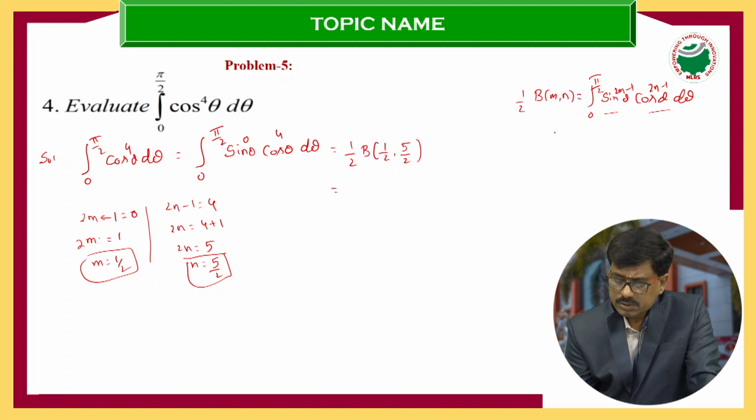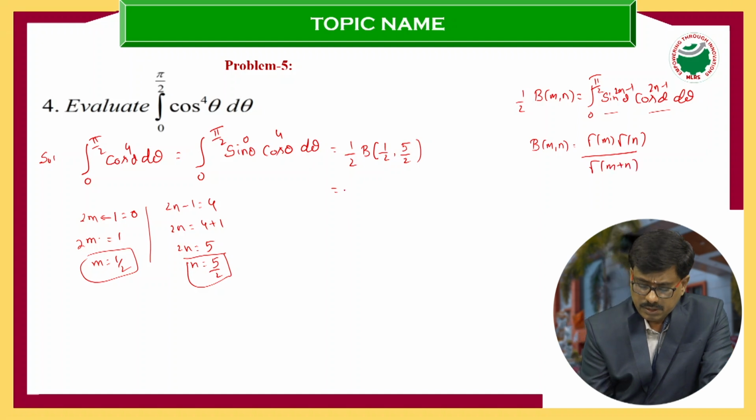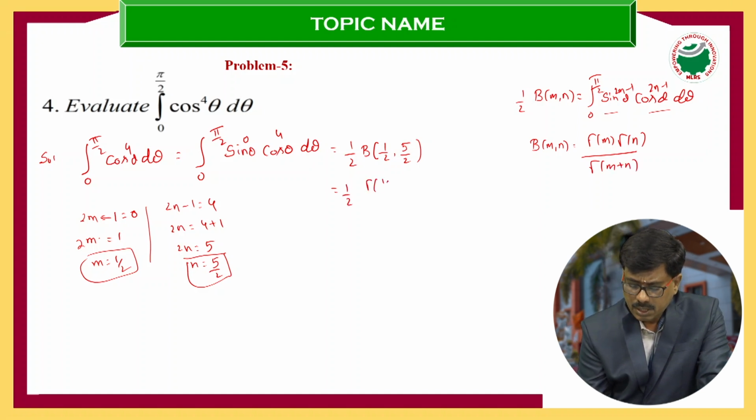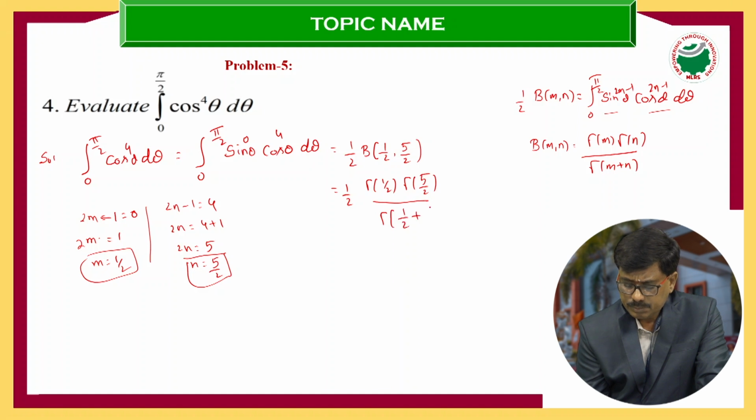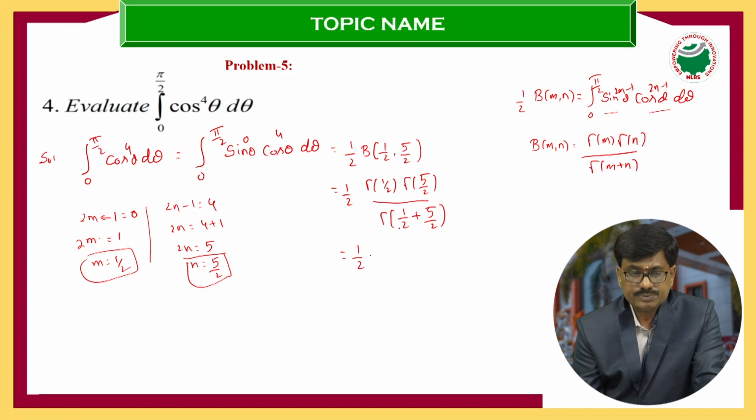Already we know the relation between beta and gamma: gamma m, gamma n whole divided by gamma of m plus n. Therefore, 1 by 2 into gamma of 1 by 2, gamma of 5 by 2 whole divided by gamma of 1 by 2 plus 5 by 2. Gamma of 1 by 2 is root pi. How do you calculate gamma of 5 by 2? It is 3 by 2 into 1 by 2 root pi.